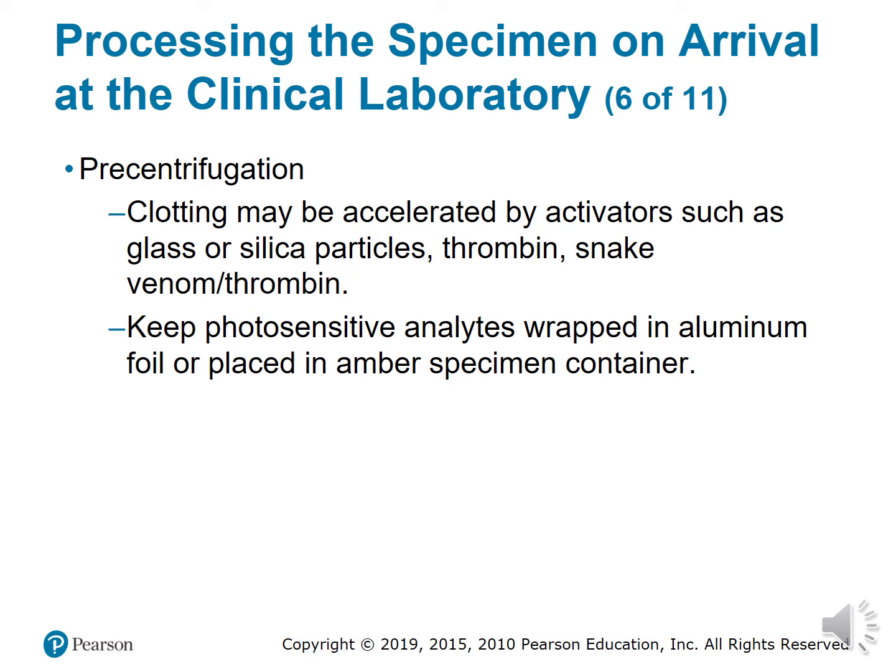Keep sensitive analytes wrapped in aluminum foil or placed in amber specimen containers. If you guys want to pause this and look at figure 12.4 or figure 12.5, you see the amber colored bags in 12.4, and in 12.5 you see the tube wrapped in aluminum foil.